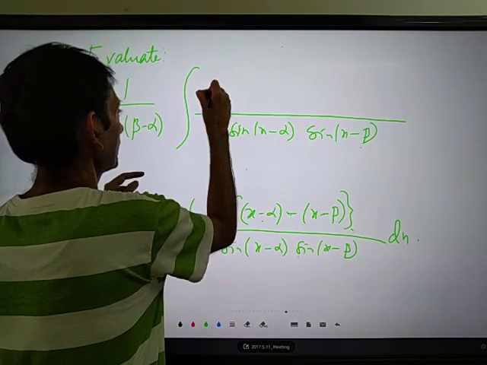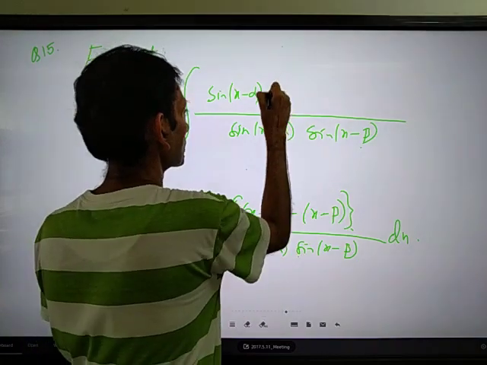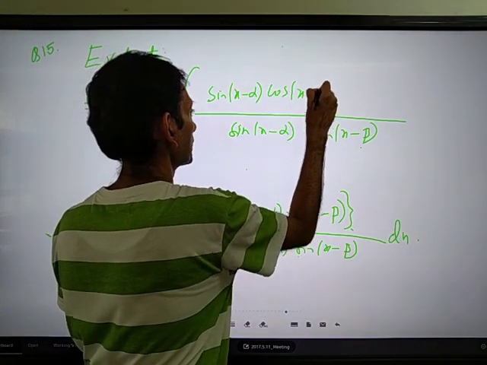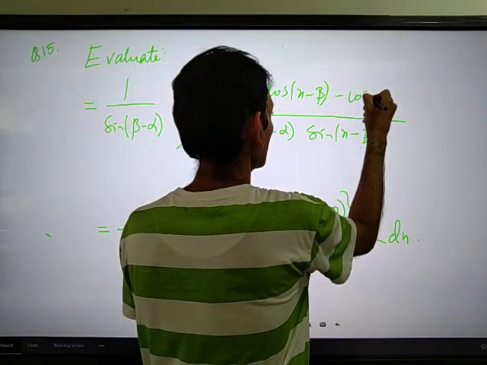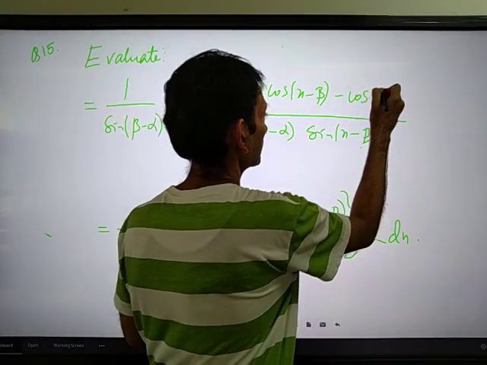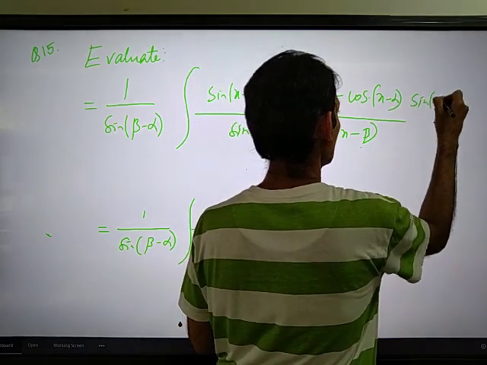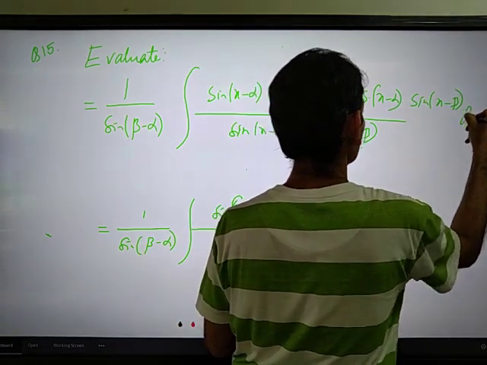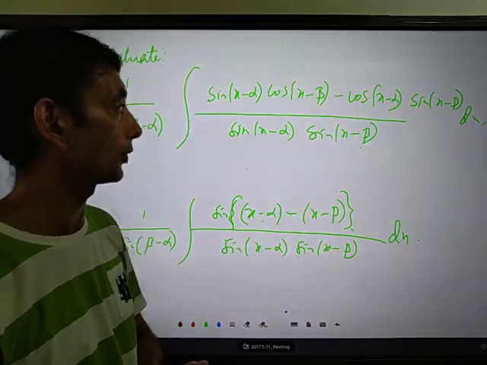This is sin A cos B, here sin(x minus alpha) cos(x minus beta), minus cos A, that is cos(x minus alpha), sin(x minus beta). Sin A cos B minus cos A sin B. This is the sin A minus B formula.